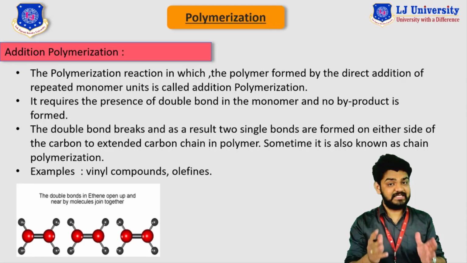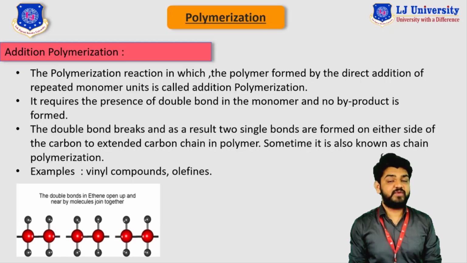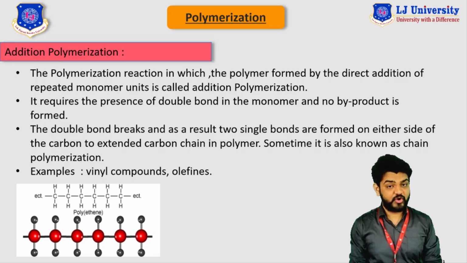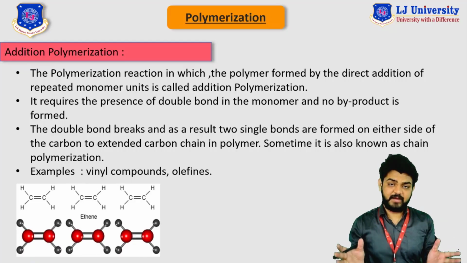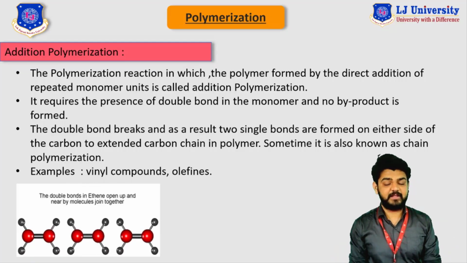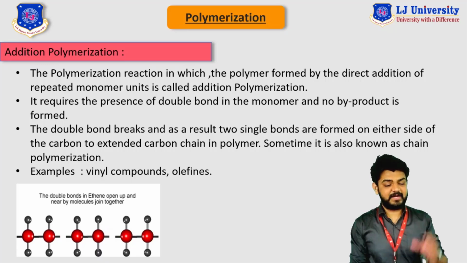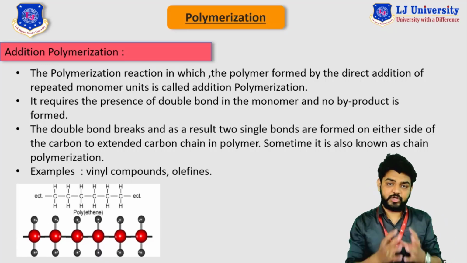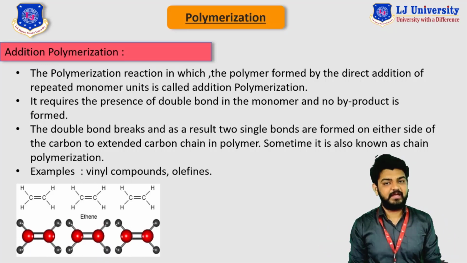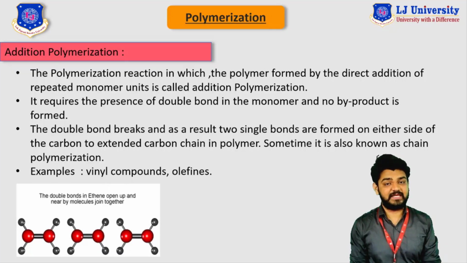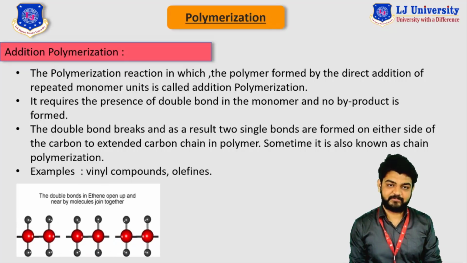Now you can see this ethene molecule in which the double bond is broken up and converted into a single bond, and both bonds are shared by the carbons. These two carbons can be linked with each other to produce a long chain of polymer, and this is why we call it the chain polymerization process.